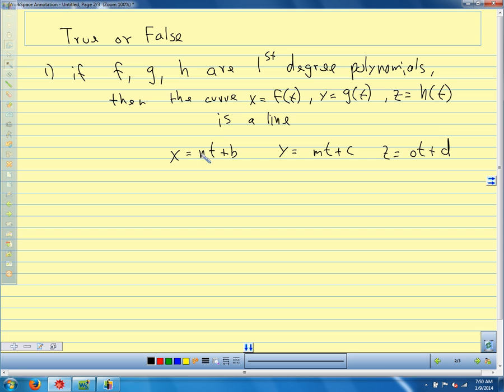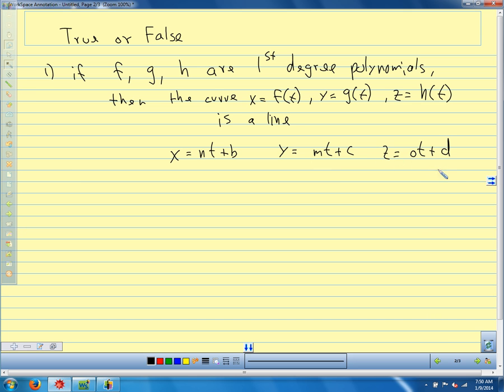What could we start with? Yeah, we had n, m, o. I was trying to be orderly, sort of. So here are our parametric equations. What does this set of parametric equations describe?